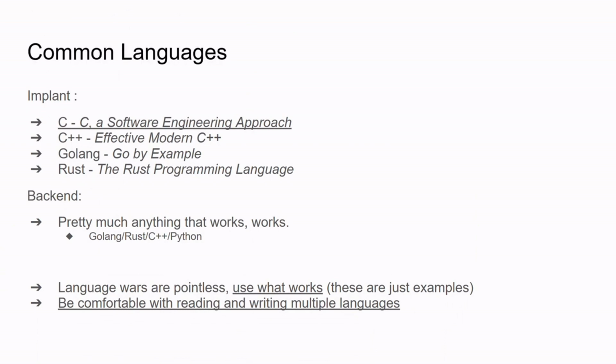Once you've learned C, it's good to learn other languages, like potentially C++ or Golang or Rust. As far as resources go, Effective Modern C++ by Scott Meyers has been a great book. It's a book that a friend recommended to me, it's taken me far, and I've really enjoyed it.